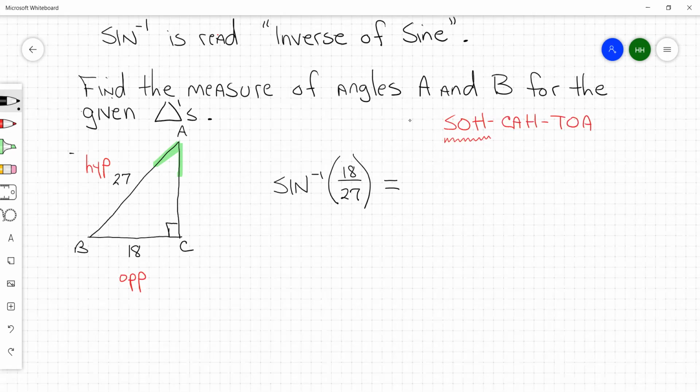So let's do this. Let's write. You got enough room in here to write something? If you don't, we can rewrite this. We can say the measure of angle A is equal to the inverse of sine of 18 over 27. That might be a better way to write it.